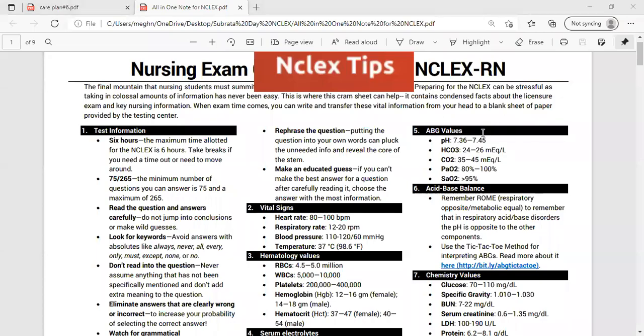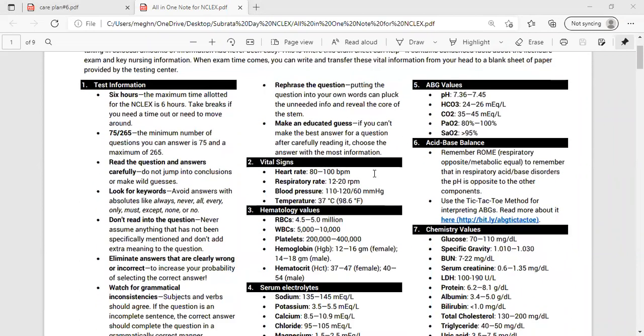Let me review a few important pieces of information for the NCLEX board. It is a rapid review. First of all, vital signs. Heart rate 80 to 100 beats per minute is normal, and respiratory rate 12 to 20 breaths per minute.